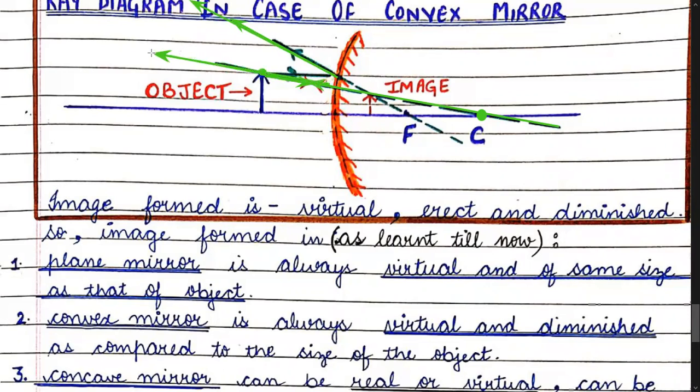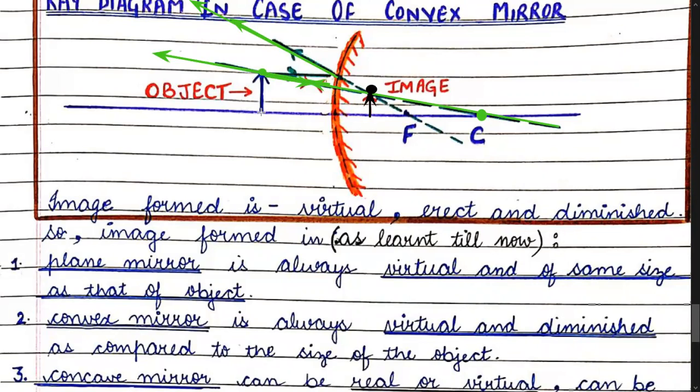They are diverging and they are not meeting in front of the mirror. But when you produce them backward, can you see a point where the two reflected rays appear to meet? They are not actually meeting in front of the mirror, but when produced backward, they appear to meet at a point. And that will be the point where the image is formed.